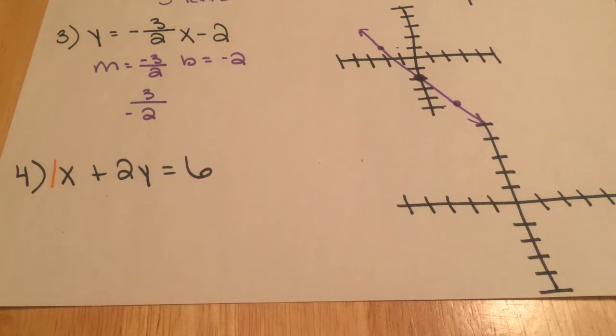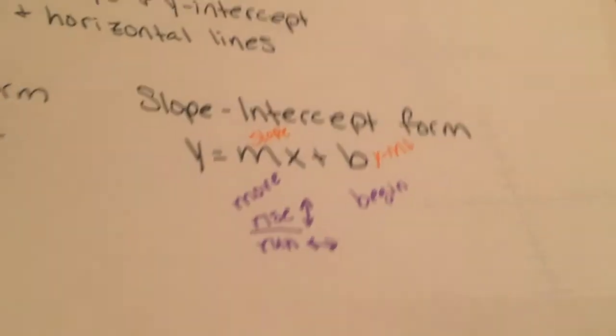So I prefer to graph this using y and x intercepts or using intercepts. So that's what I would do, but because we need to be able to know all different ways, the first thing we have to understand is to graph this using slope and y-intercept, it has to be in slope-intercept form, which is our good old y equals mx plus b.